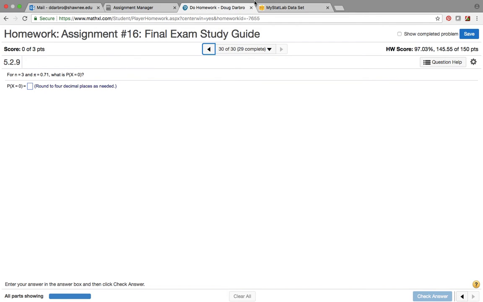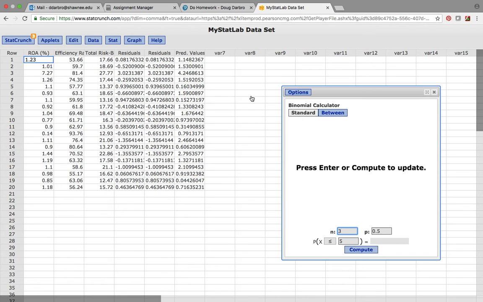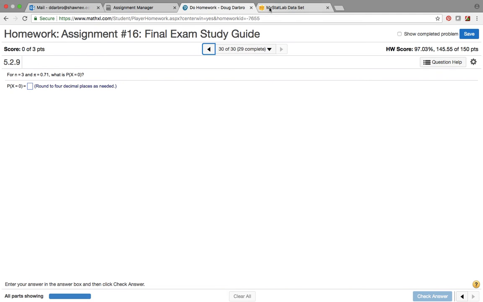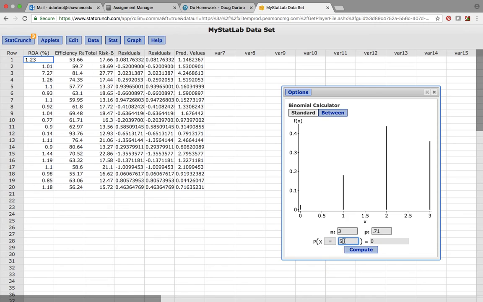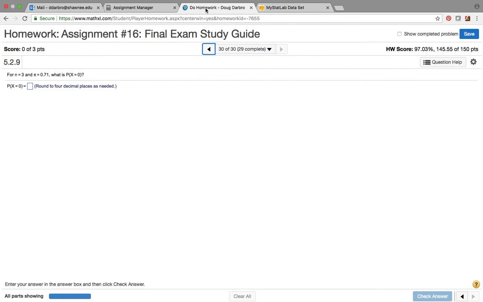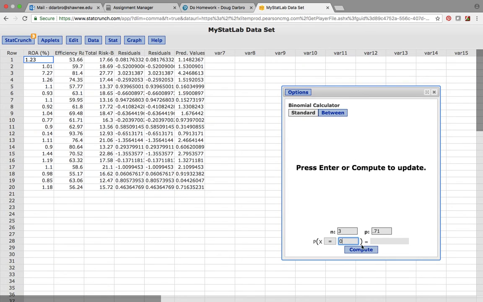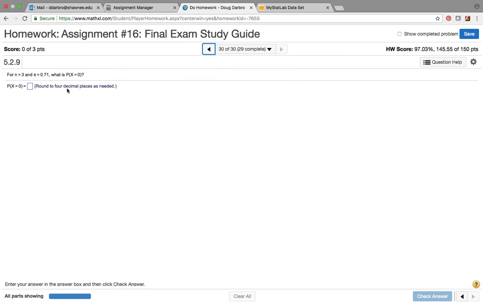So we have 3. And the proportion was 0.71. And we want to know the probability that x is equal to 0, right? Yes. So 0.0244.